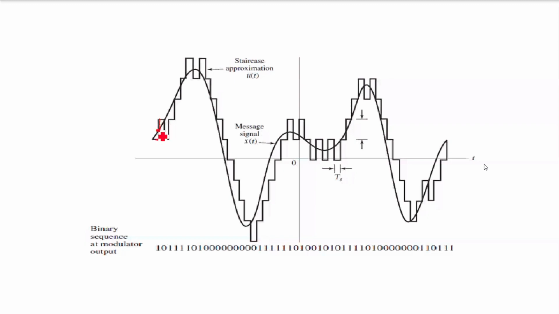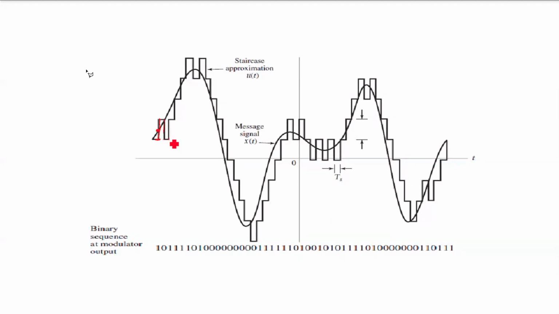The next sample of the signal comes somewhere around here, and its predicted value, you can see, is greater than this sample value. What happens? The difference becomes negative. If the difference becomes negative, the step size gets decreased by delta. So the step size comes down by delta.